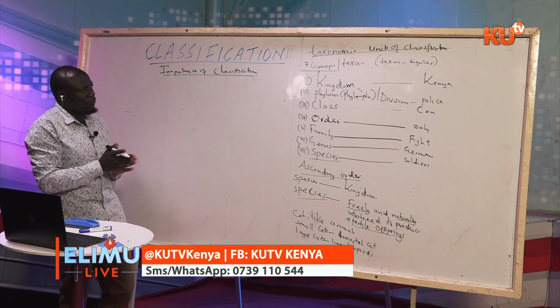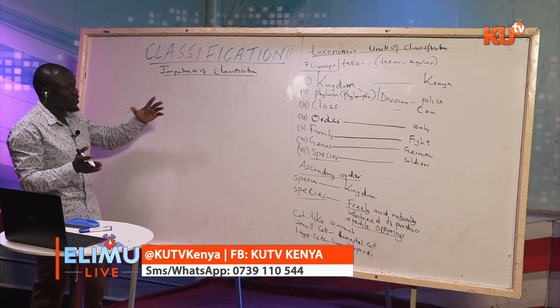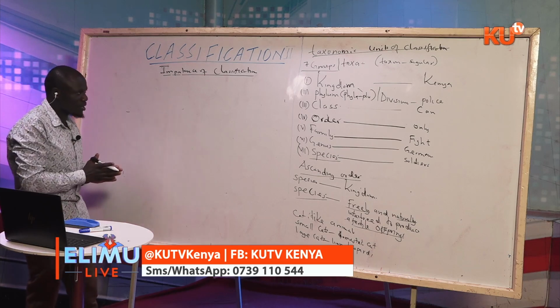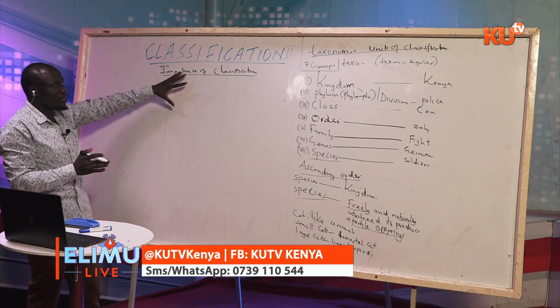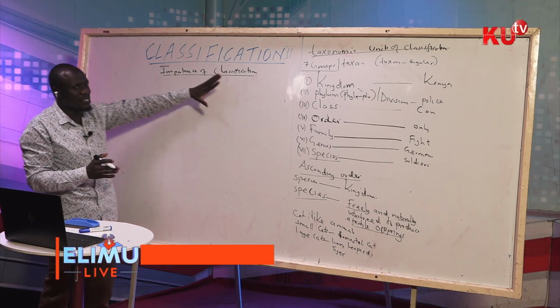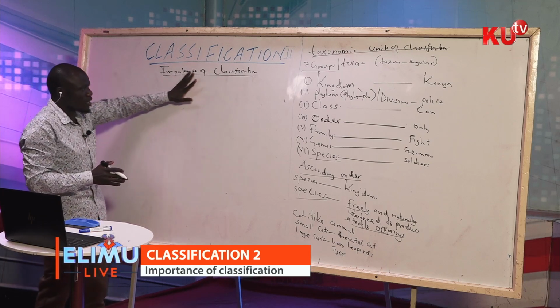In classification we are told about scientific names. Those scientific names are given to organisms because they were universally accepted. This enhances communication among scientists across the world.